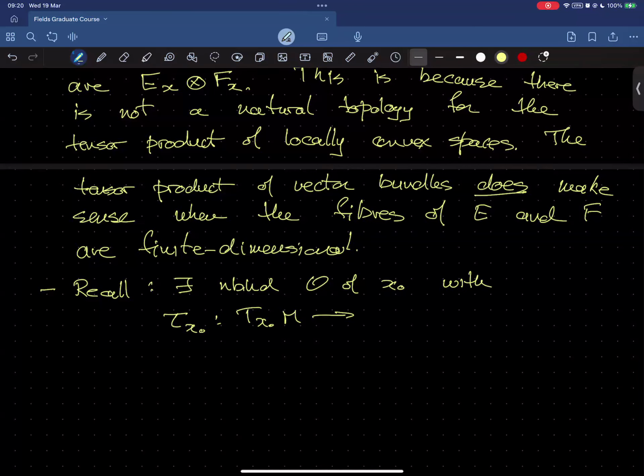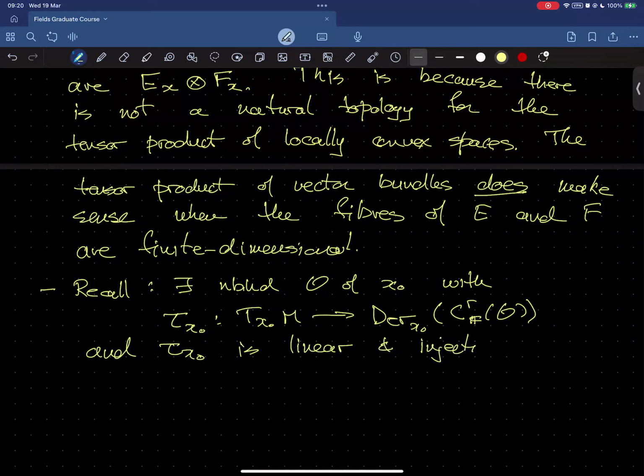And I can define this mapping like so. And so derivations from x naught for the C^r mappings defined on O. And tau x naught is linear injective.